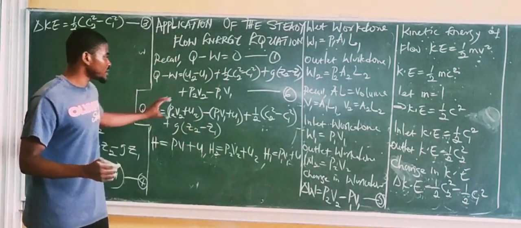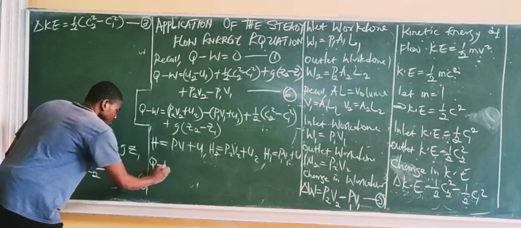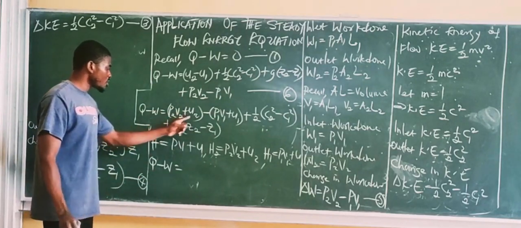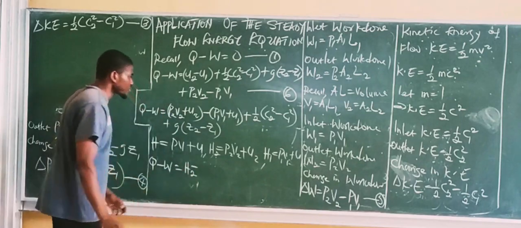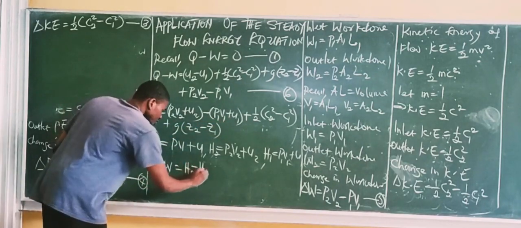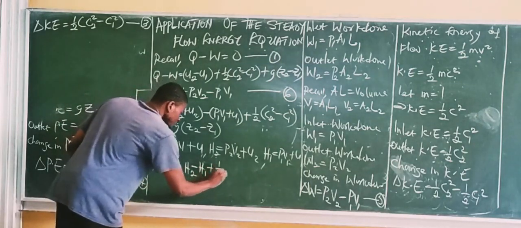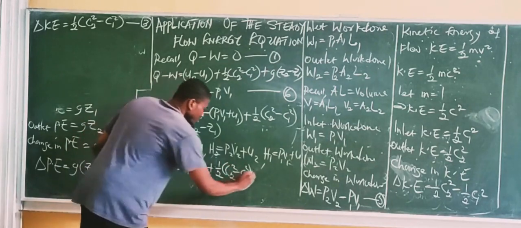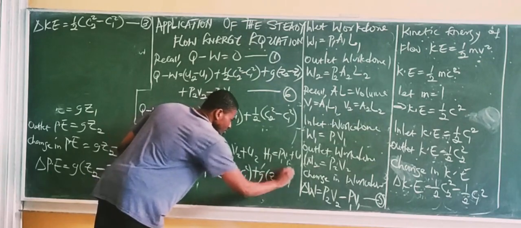So we can write this equation simply as Q minus W is now equal to, in place of P2V2 plus U2, we simply call it H2, minus, in place of P1V1 plus U1, we call it H1, plus 1/2 (C2 squared minus C1 squared) plus g(Z2 minus Z1).